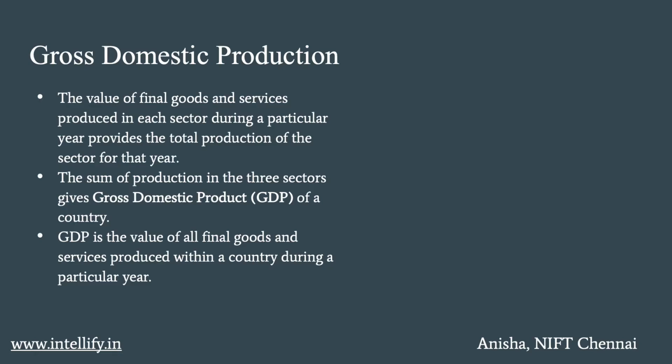From there, we come to an important concept, which is the GDP or gross domestic product. The value of final goods and services produced in each sector during a particular year provides the total production of the sector for that year, and the sum of production in the three sectors gives what is called the gross domestic product or GDP of a country.